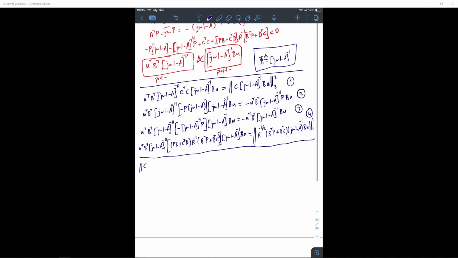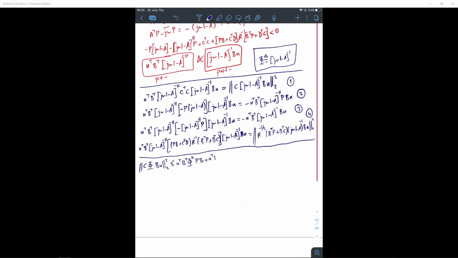C phi B U 2, okay, less than or equal to U transpose B transpose phi Hermitian PB. By the way, I might use transpose instead of Hermitian, so watch out for that.